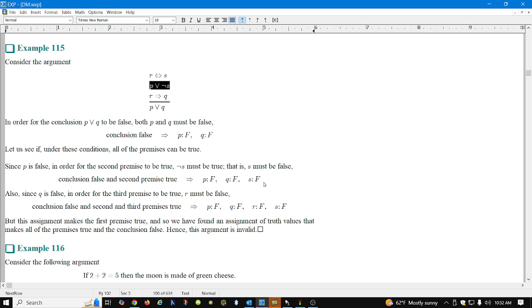Now, why did I go to the second premise? I tried the other ones too, but this one seemed to be the simplest to get sorted out at this point. Okay, could have taken a different course.